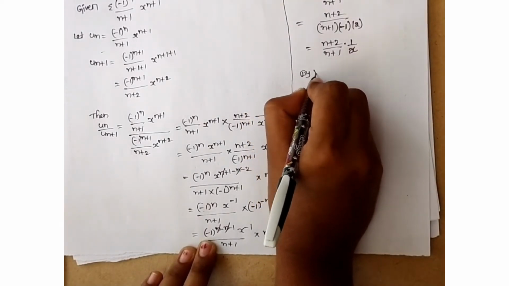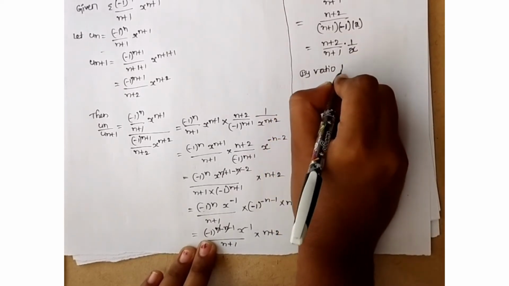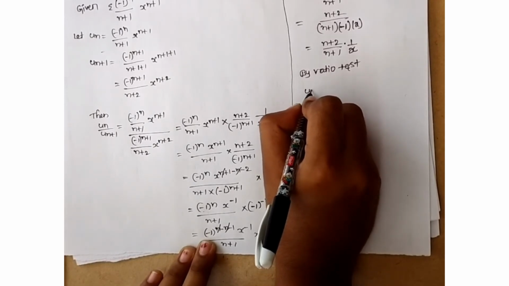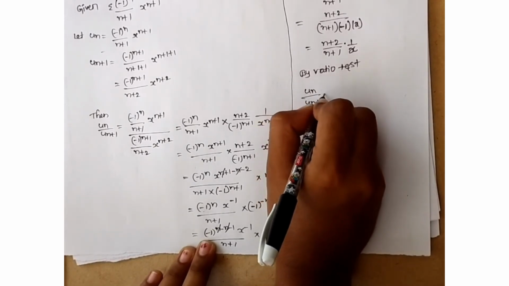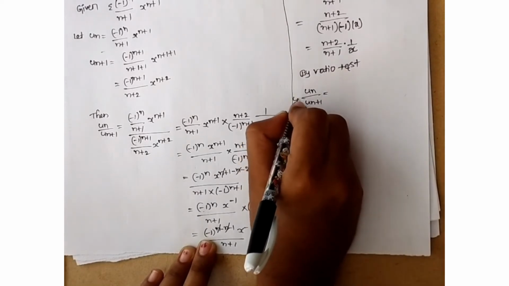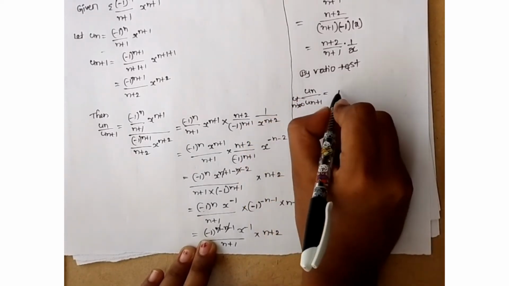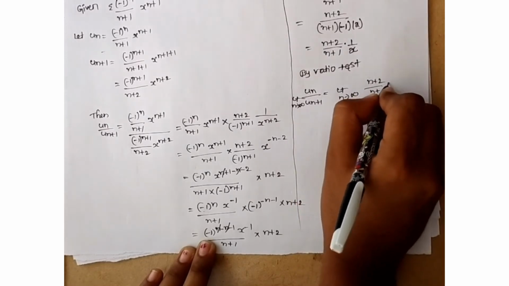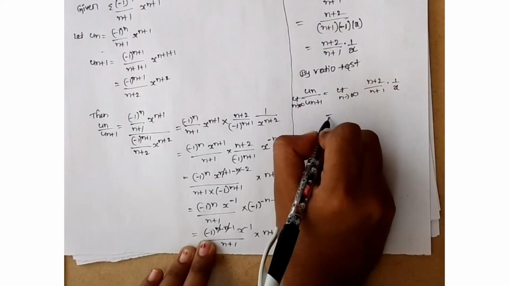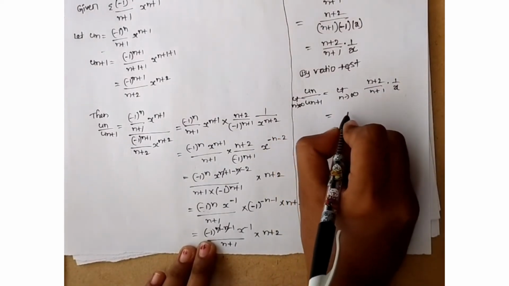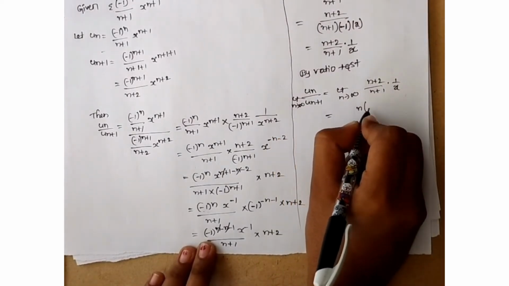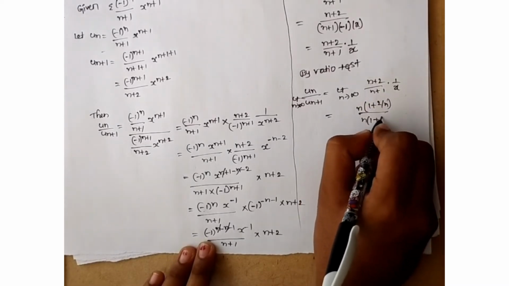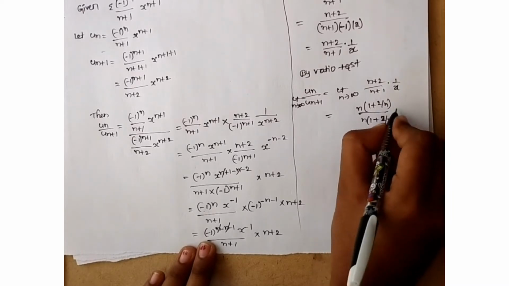By ratio test, un by un plus 1, the limit as n tends to infinity of n plus 2 by n plus 1 into 1 by x equals, taking n common, 1 plus 2 by n over 1 plus 1 by n into 1 by x.